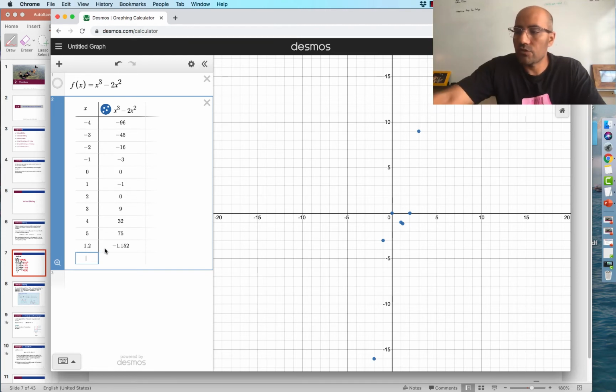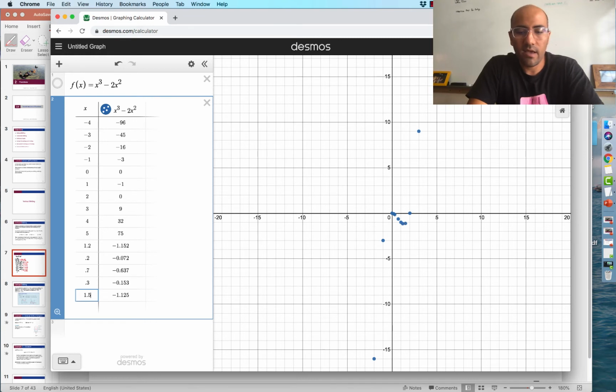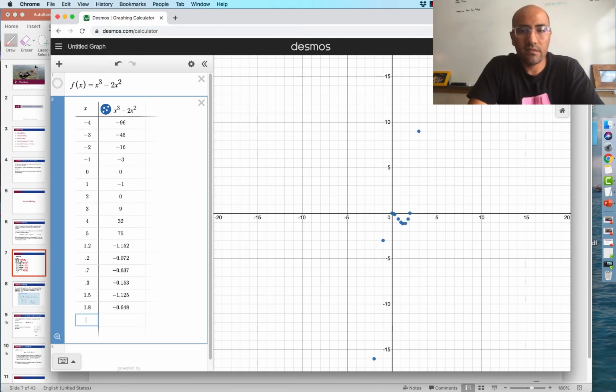So it's pretty easy to come up with several values that can help me fill out this table. So maybe 0.2, maybe 0.7, maybe 0.3, maybe 1.5, 1.8, right? Maybe 2.1, 2.3.